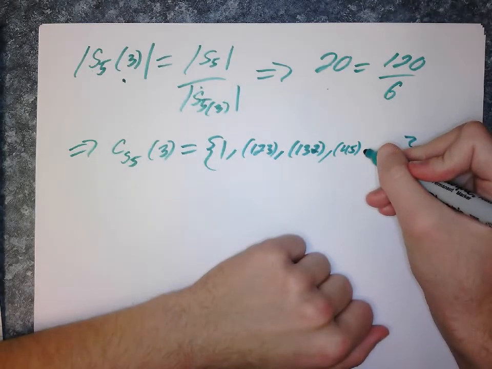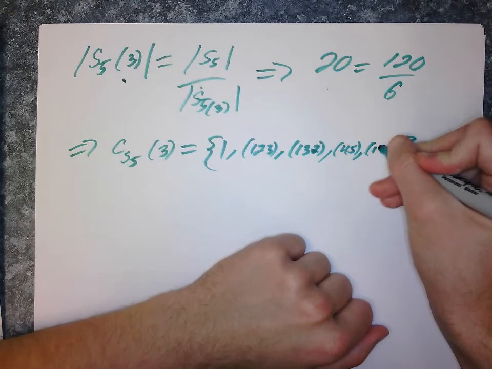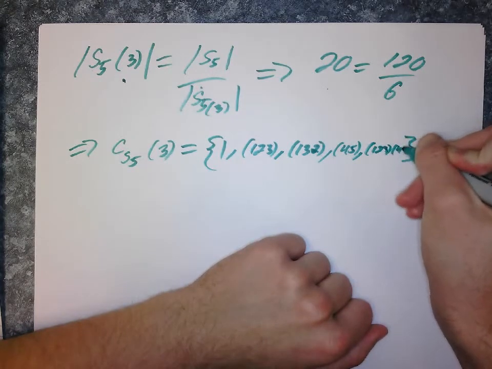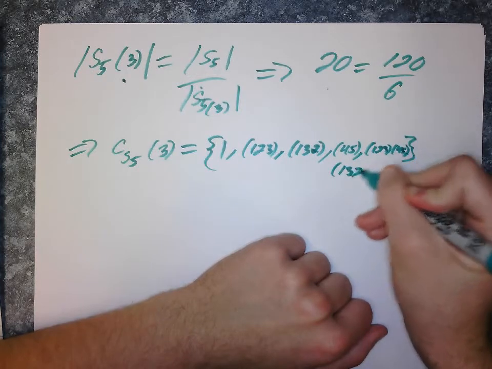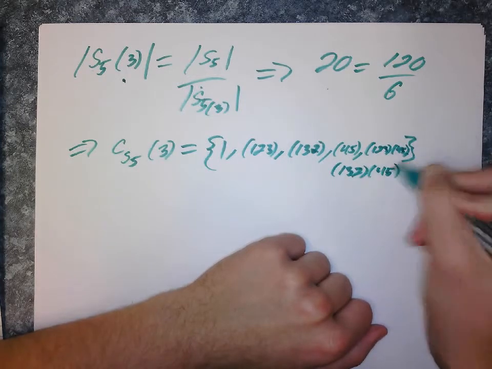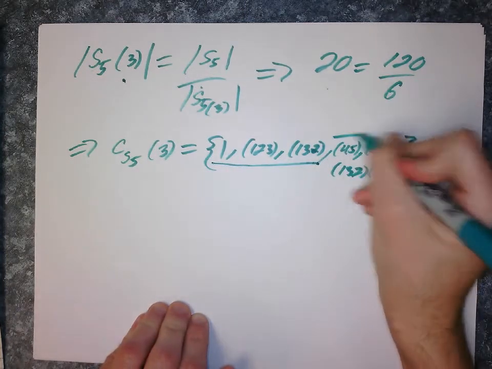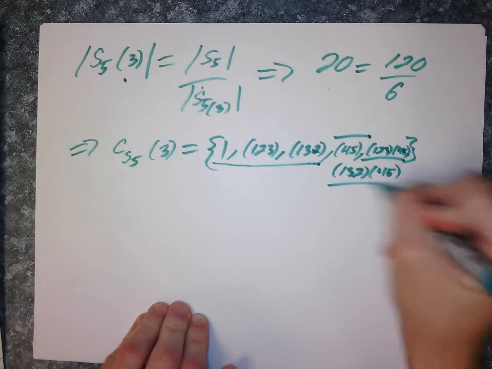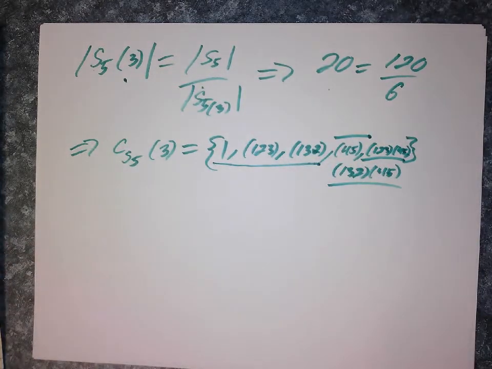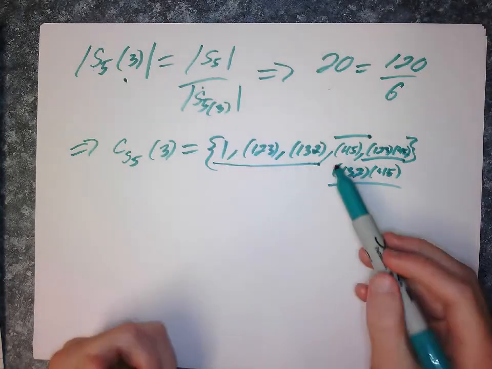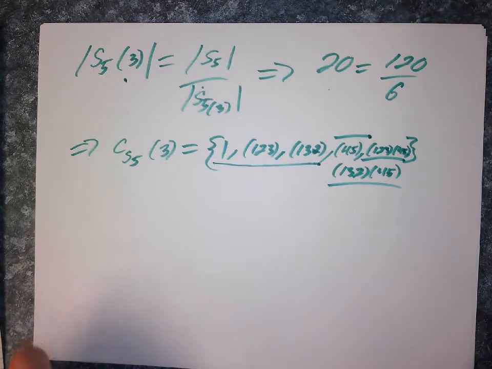And then that also means that you can have (1 2 3)(4 5) as well as (1 3 2)(4 5). So we know these 3 just by doing powers, this one because it's disjoint, and the last 2 because if these are in here, then their combinations also have to be in there. But that's 6 elements, and so we have them all.